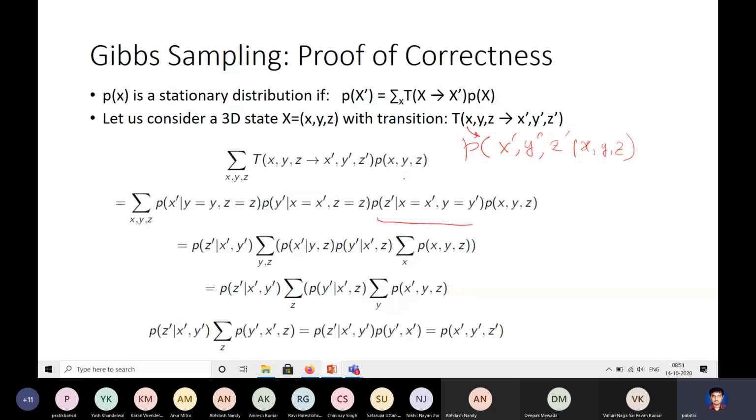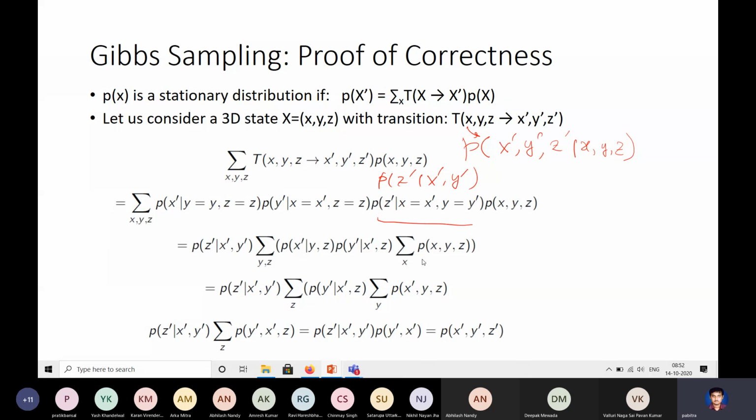Similarly, only this term is a summation over x, and these 2 terms do not have x. X' is a fixed constant. So I move the x summation to cover only P(x, y, z), and the remaining part, y is variable, z is variable, so I sum it over y, z. You can verify these steps actually.